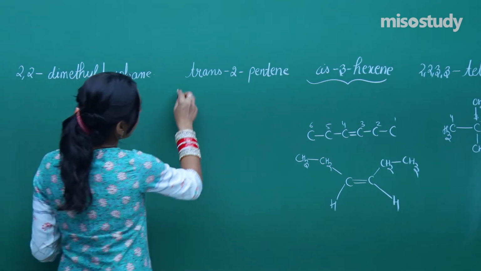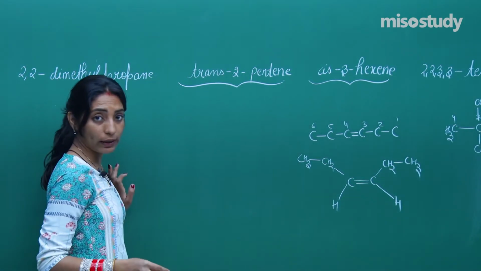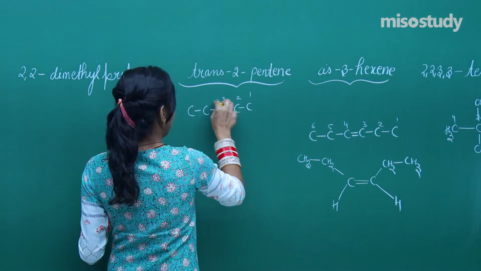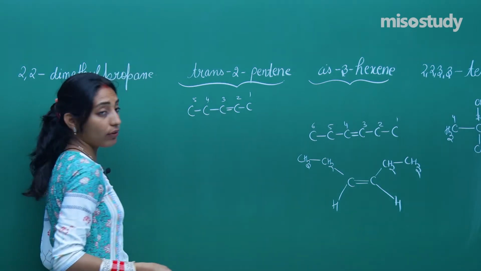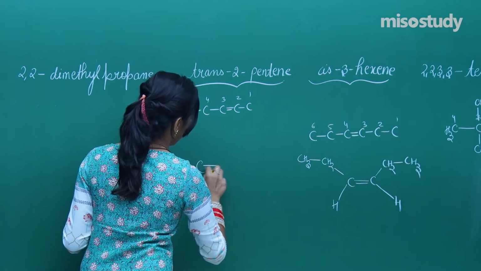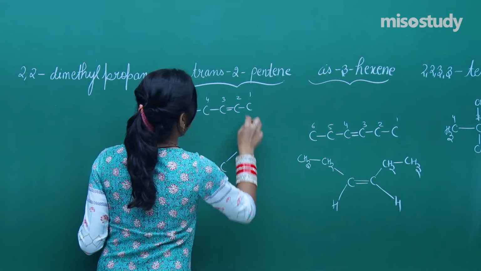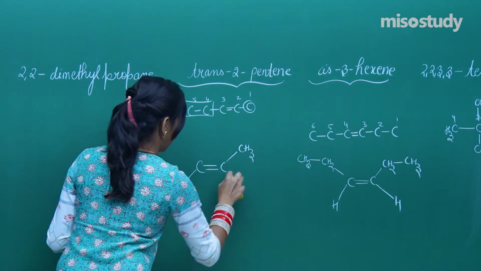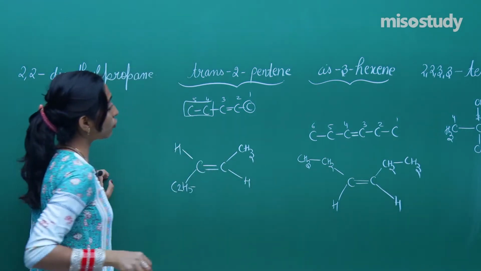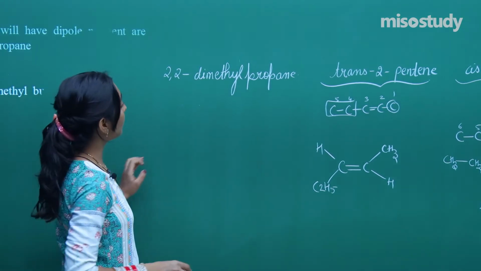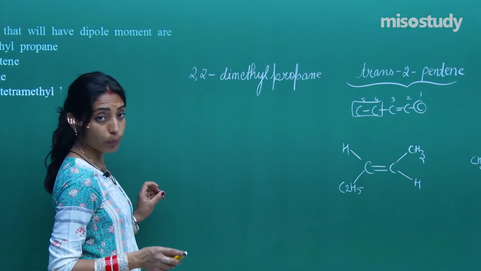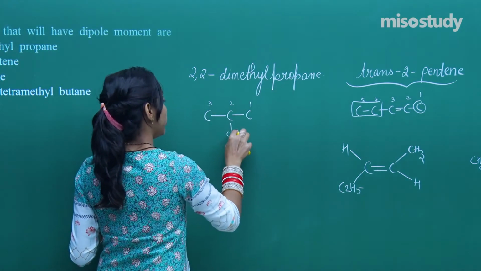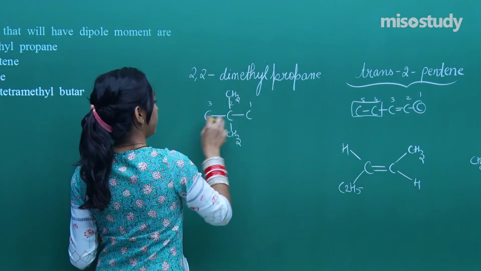Now moving on to trans-pent-2-ene or trans-2-pentene. So 1, 2, 3, 4, 5. And at the second position there will be a double bond. So if I draw, we have a CH3 and a C2H5. So this is trans-2-pentene, okay. And another is 2,2-dimethylpropane, 1, 2, 3, and at the second position 2 methyl groups are there, right.